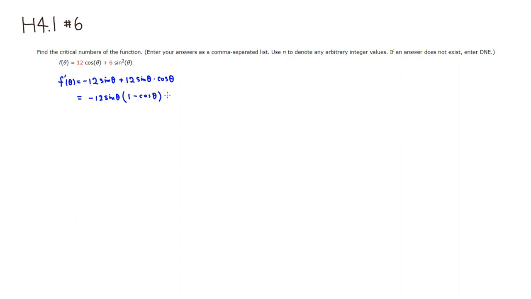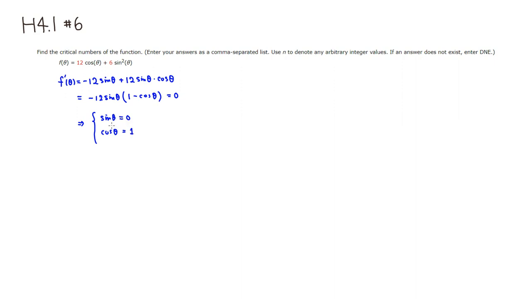We set this equal to 0. Then we can find critical numbers. So either sine of theta is equal to 0, or cosine of theta is equal to 1.